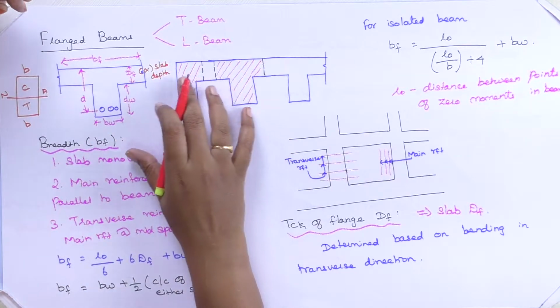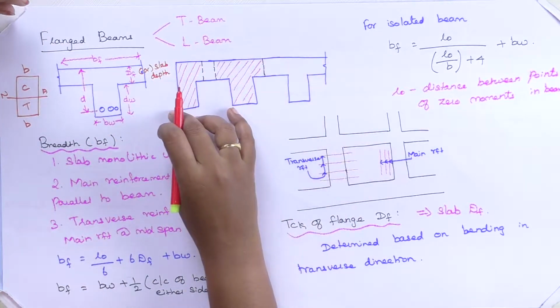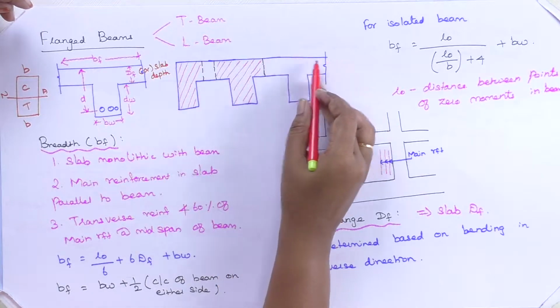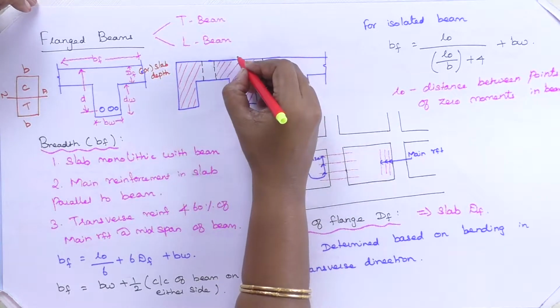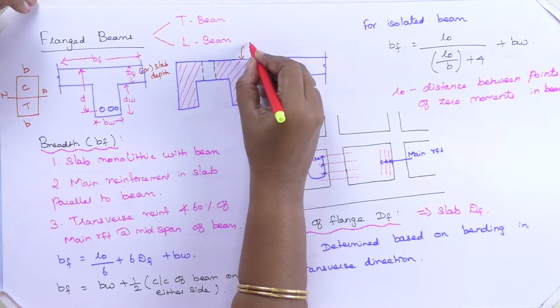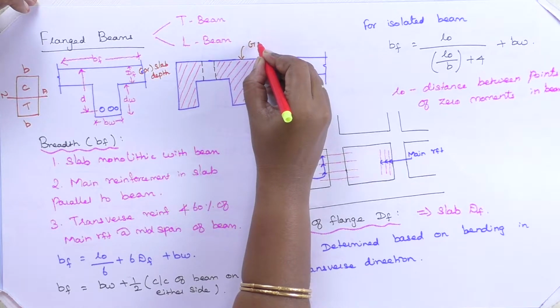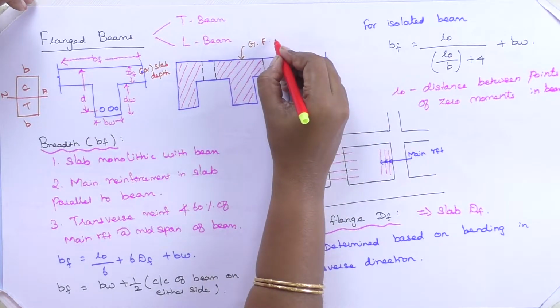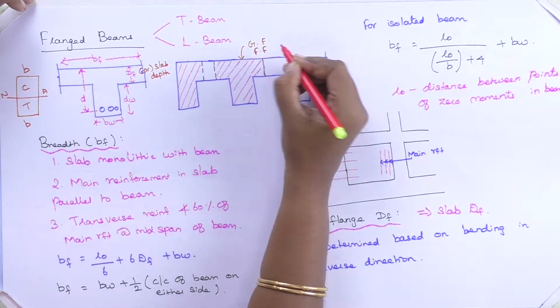In a normal conventional beam column slab system, this is the slab, say for the ground floor, or first floor, or anything else.